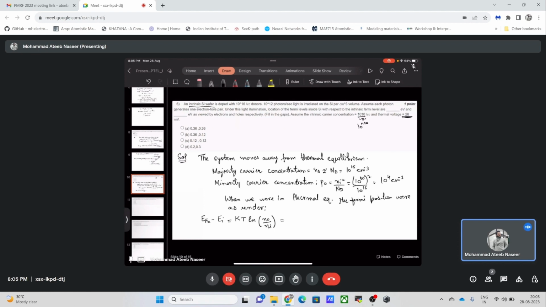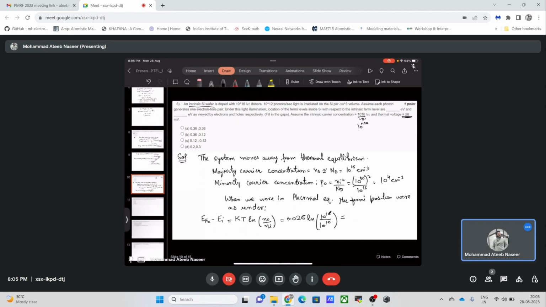So it is 0.026 ln of N naught, which is 10 to the power of 16, divided by 10 to the power of 10. So it simply means that this is 0.026 into ln of 10 to the power of 6.